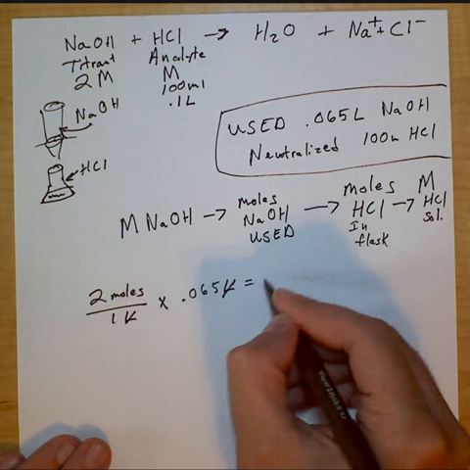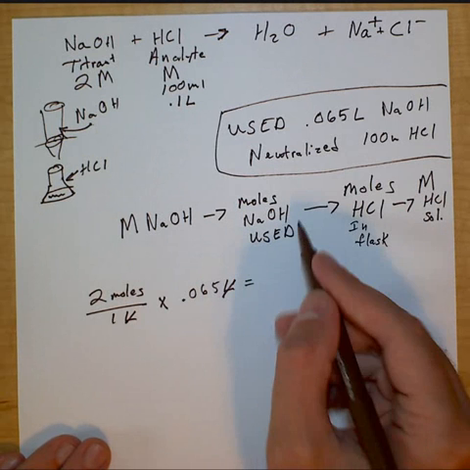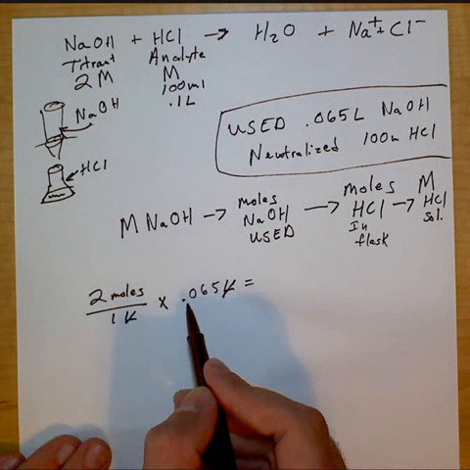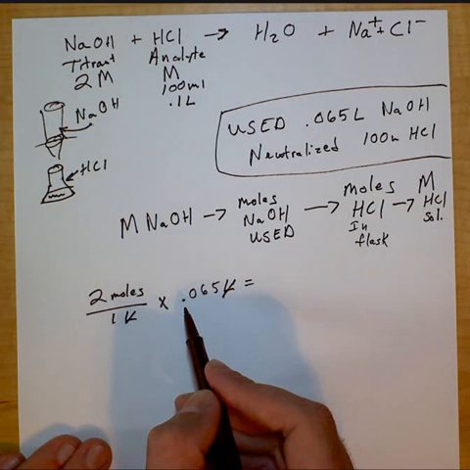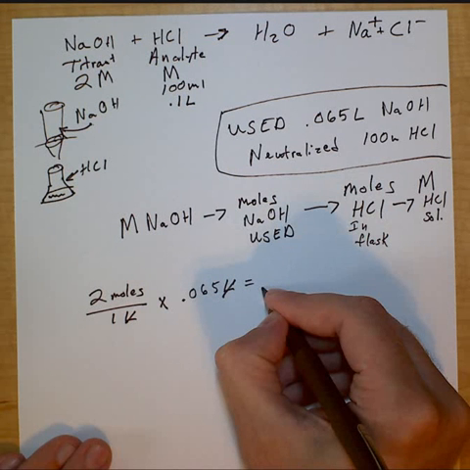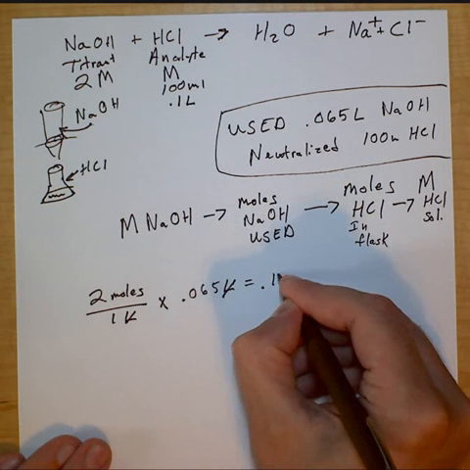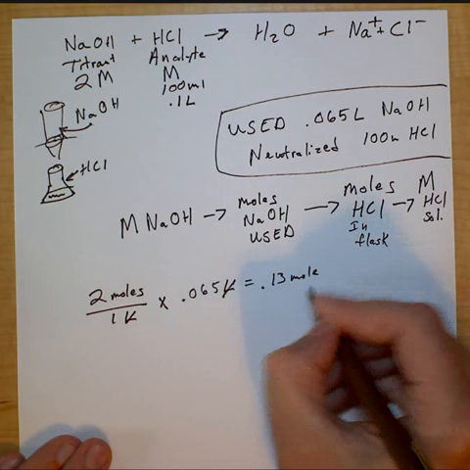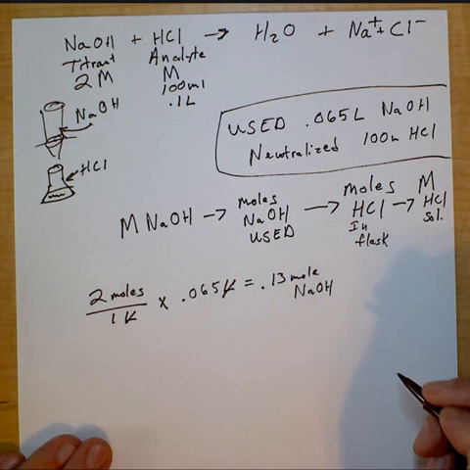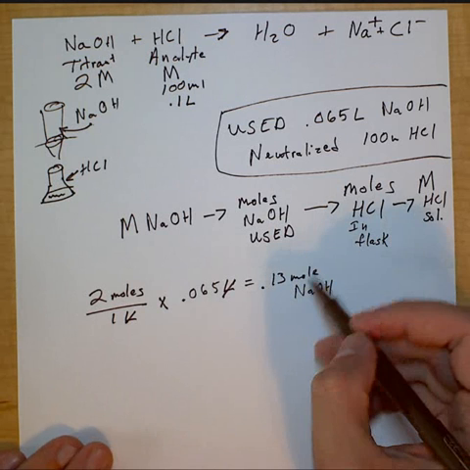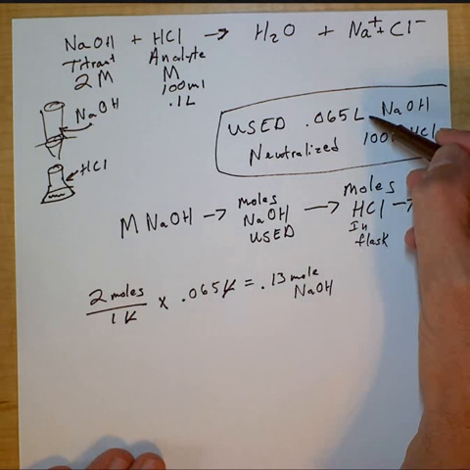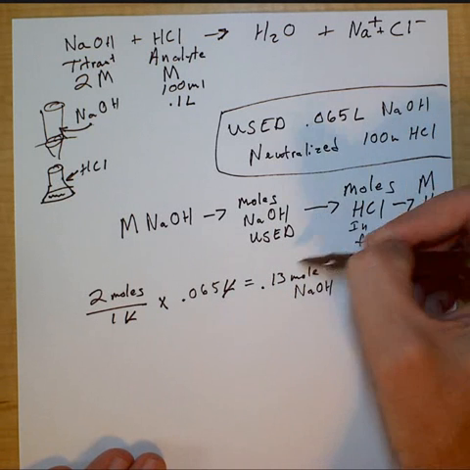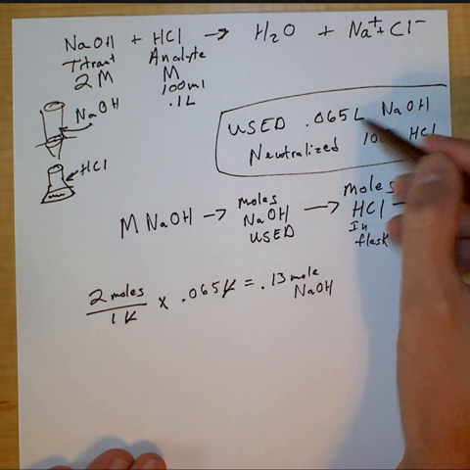I plug this into my calculator here, and I get 0.13 moles of NaOH. So I used this much NaOH. This is how many moles was in that 0.065 liters, or 65 milliliters, of NaOH.